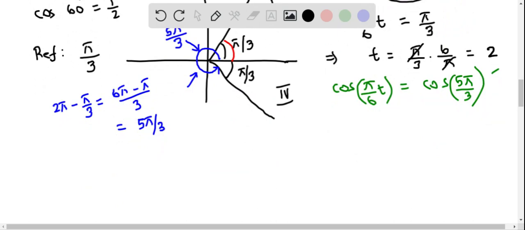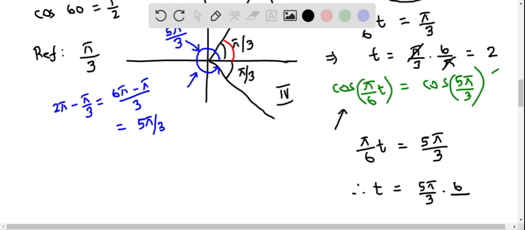Now let's determine the other value of t from this equation. So we remove the cosine on both sides, and therefore we get pi by 6t equals 5 pi over 3. Once again, to determine t, we divide both sides by pi by 6, or multiply this fraction by 6 by pi.